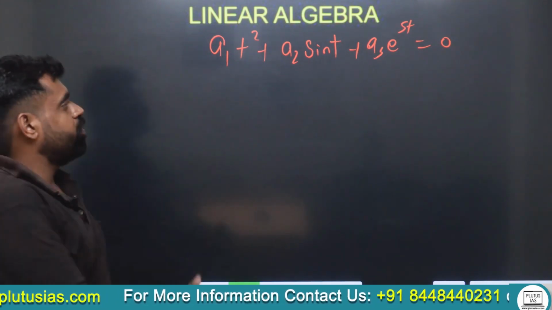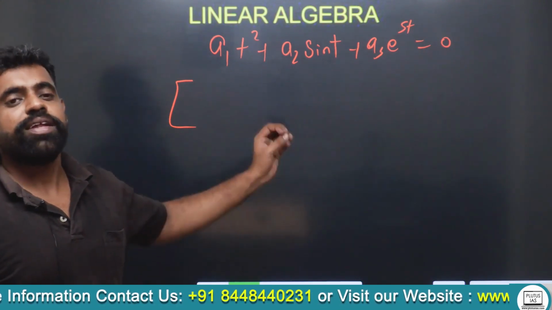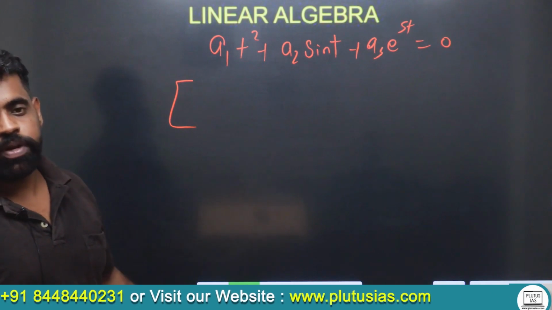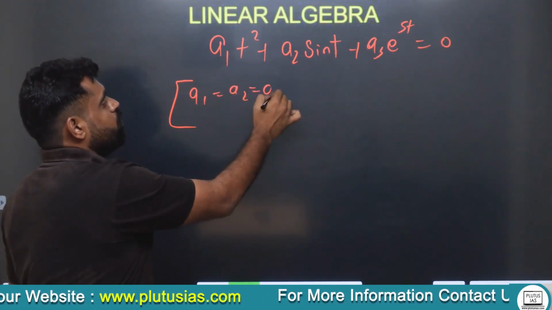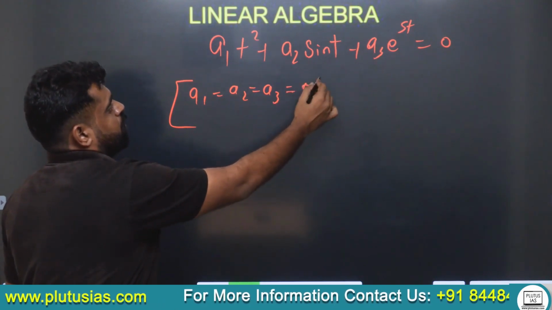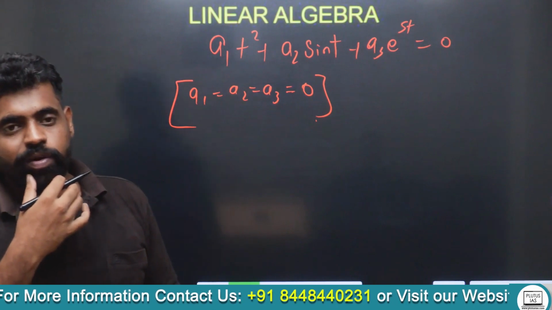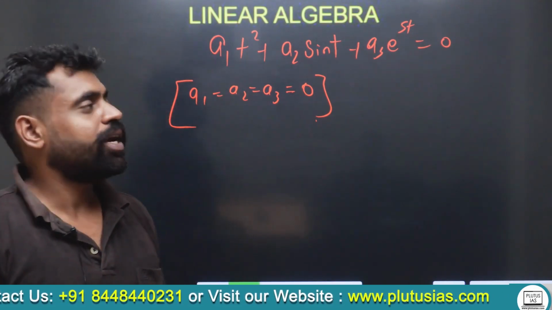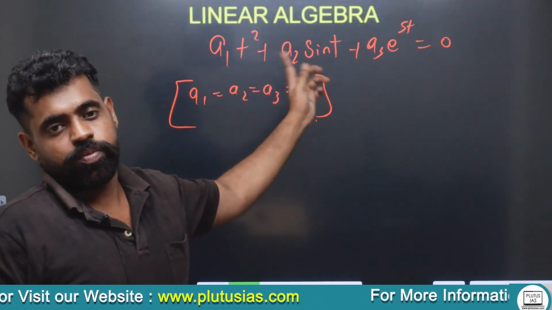Is it only possible when a1 equal to a2 equal to a3 equal to 0? There is no other chance that you can find values a1, a2, a3 such that this is 0.